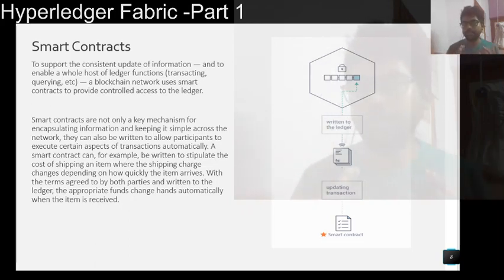But if you are running Hyperledger Fabric, a minimum, which we call chain code or smart contract, is required at least to do a transaction with your ledger. Means you have to put data to your ledger and retrieve it from the ledger, right? For that, at least you need a smart contract. So smart contract is not an optional component, it's required.